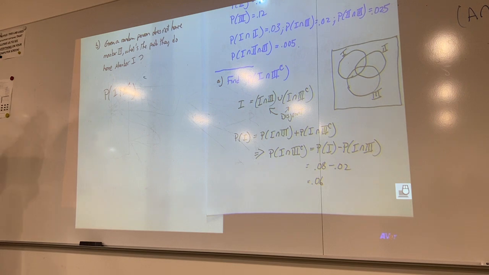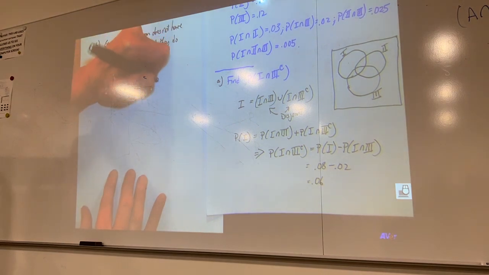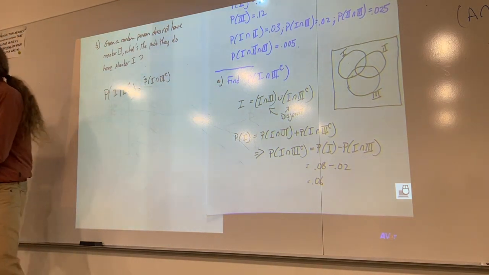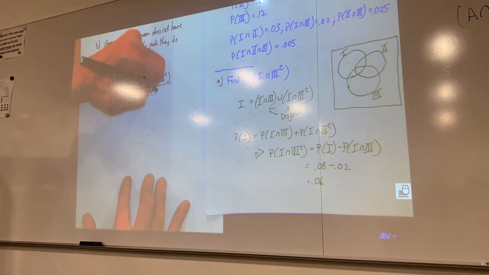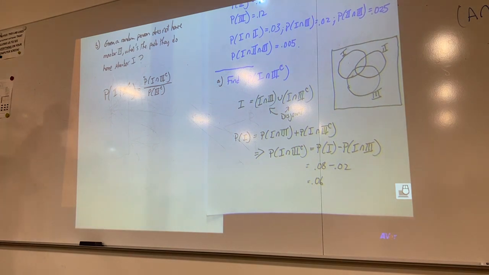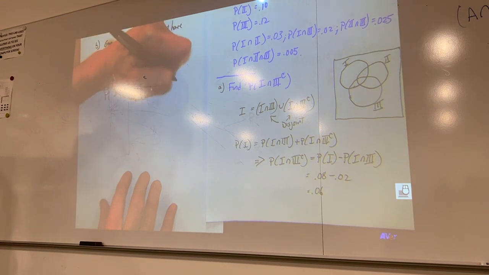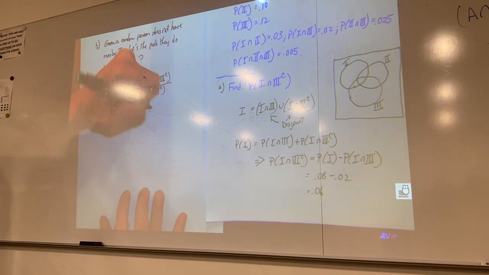And quite frankly, isn't that simply the probability of 1 and not 3, which is why I eased us in slowly for what that numerator is, over the probability of not having marker 3? You like that? Okay. Good. And we've seen here that the probability of having marker 1 but not marker 3 is 0.06.